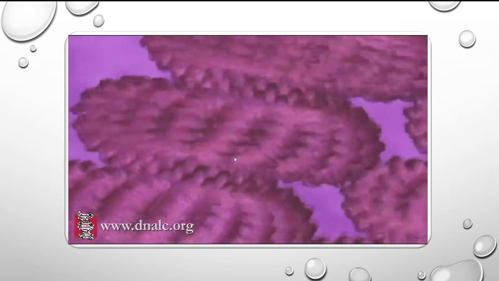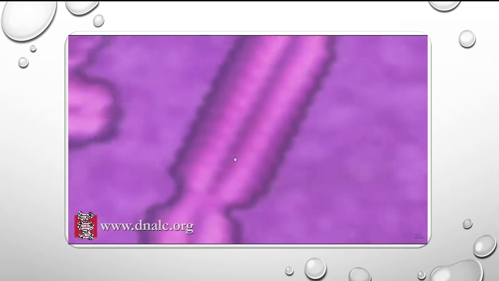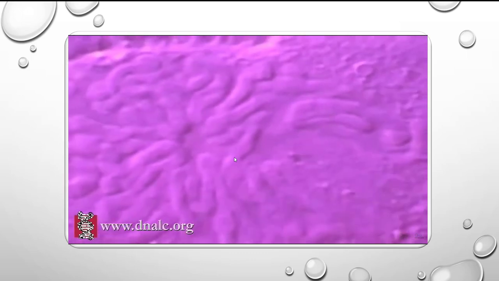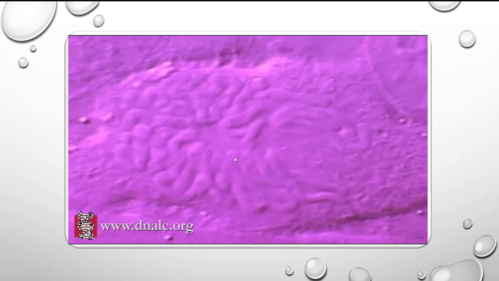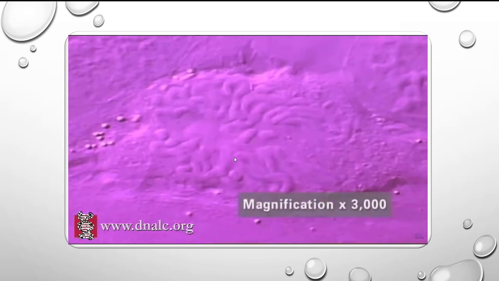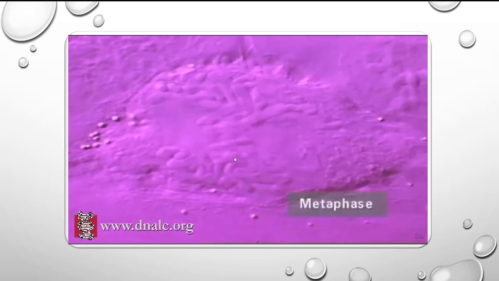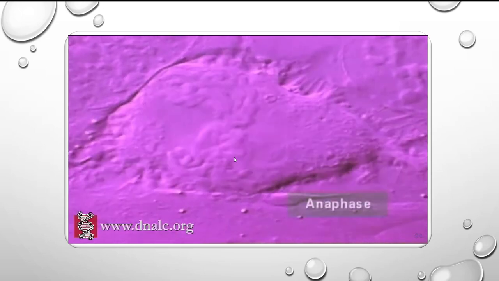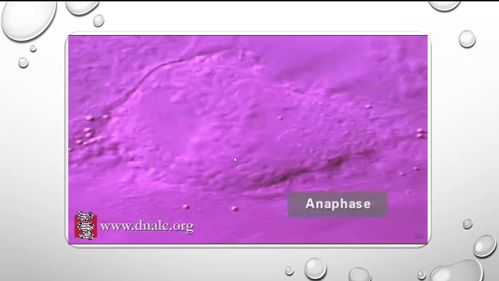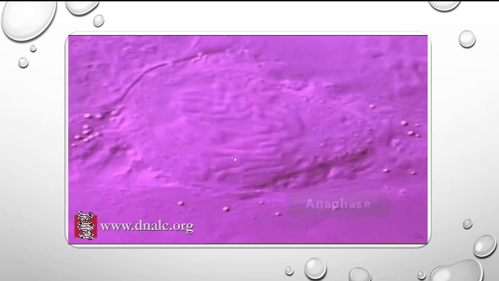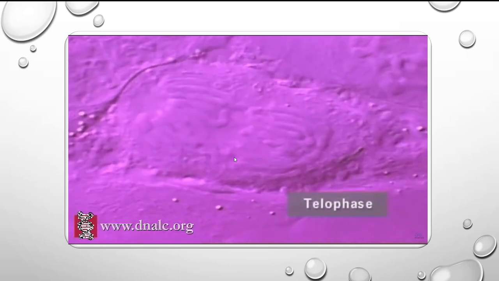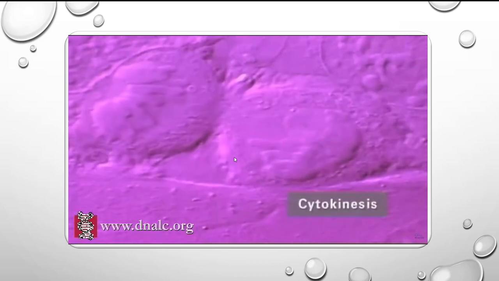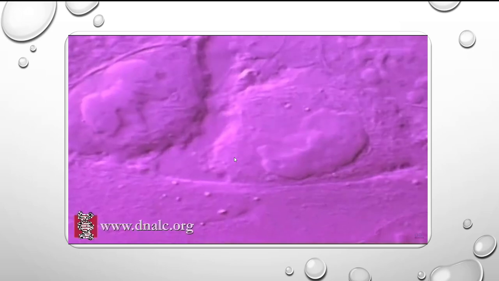The end result is that the DNA is tightly packed into the familiar structures we can see through a microscope, chromosomes. It is important to realize that chromosomes are not always present. They form only when cells are dividing. At other times, as we can see here at the end of cell division, our DNA becomes less highly organized.